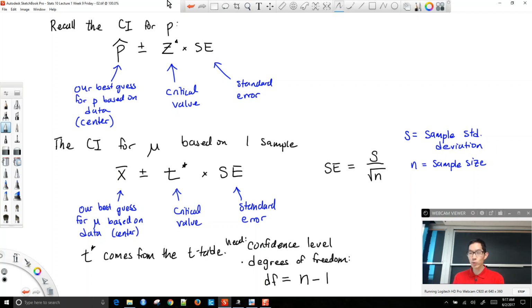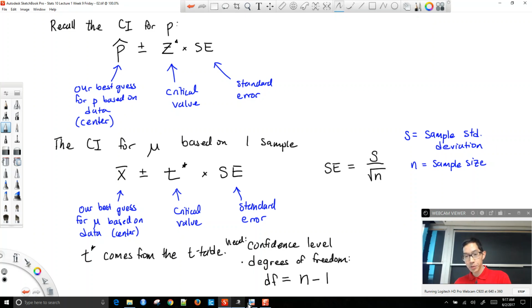So that's where this idea of degrees of freedom being n minus 1 comes from. That's a very loose illustration. It's not the formal mathematical definition, but just to give you an idea of why this thing is called such a thing.